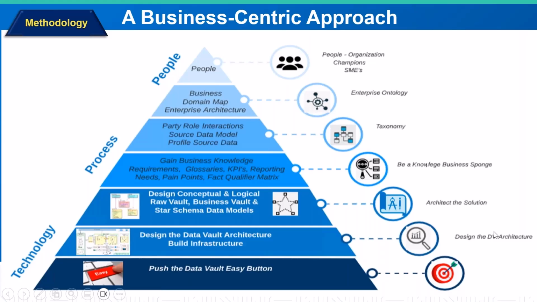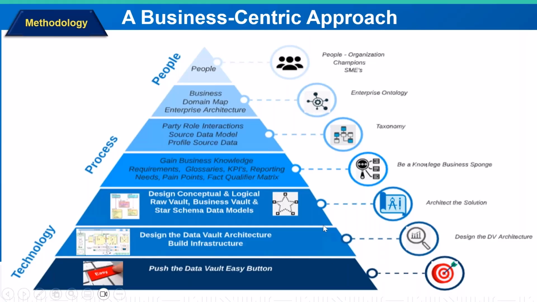And now you're at the last step, and I call it pushing the Data Vault easy button. And hopefully, if you do go Data Vault, you utilize, since it's a pattern design model, there's at least a dozen vendors out there who have built acceleration tools, and I'm telling you, it works. I mean, you can build raw vault models quickly.